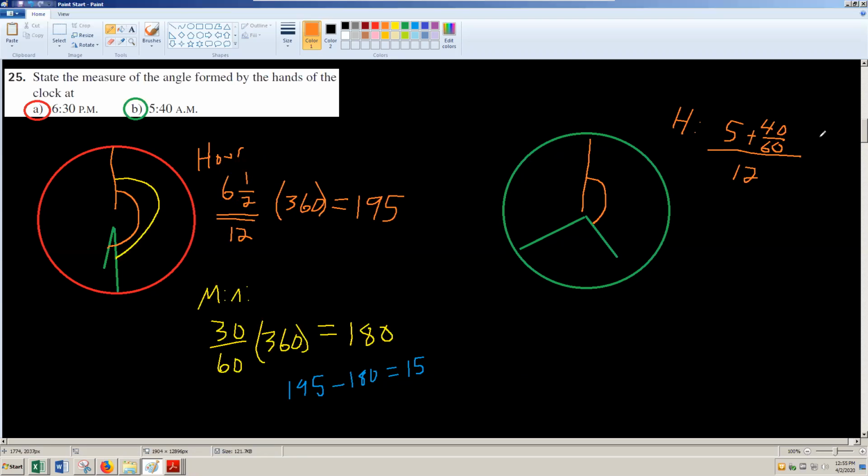So here now for our hour stuff again, times 360, which is my full circle. So let's do our 5 and 2/3 times 360 here, which gives us 170.